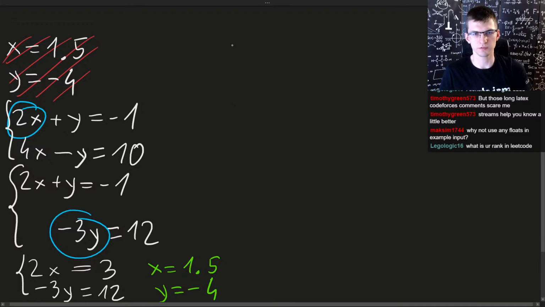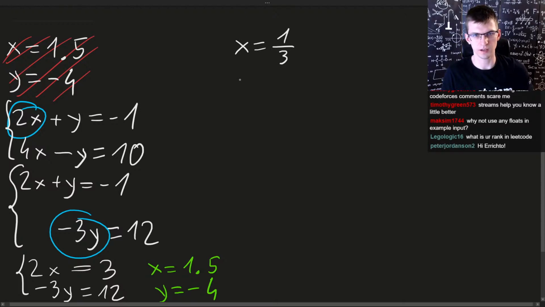Then let's try to create something with solution of x equal to 1/3 and y equal to -1.